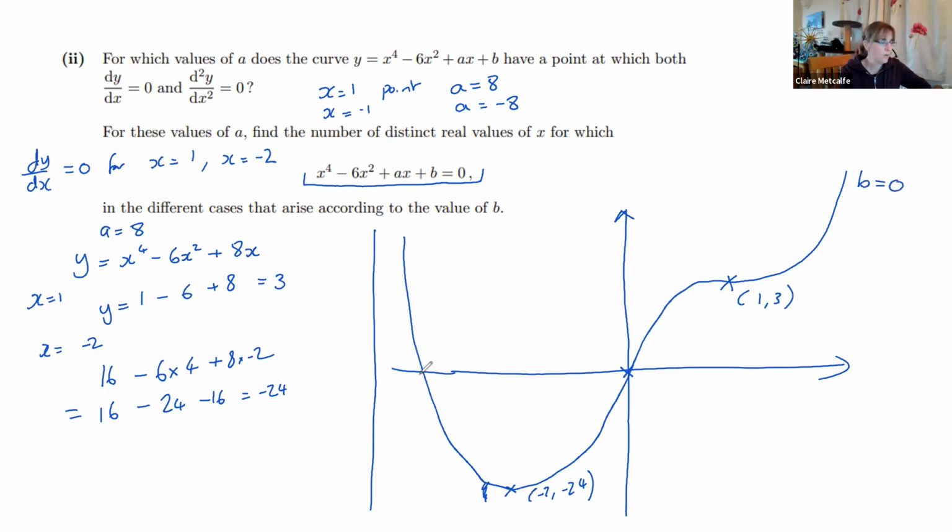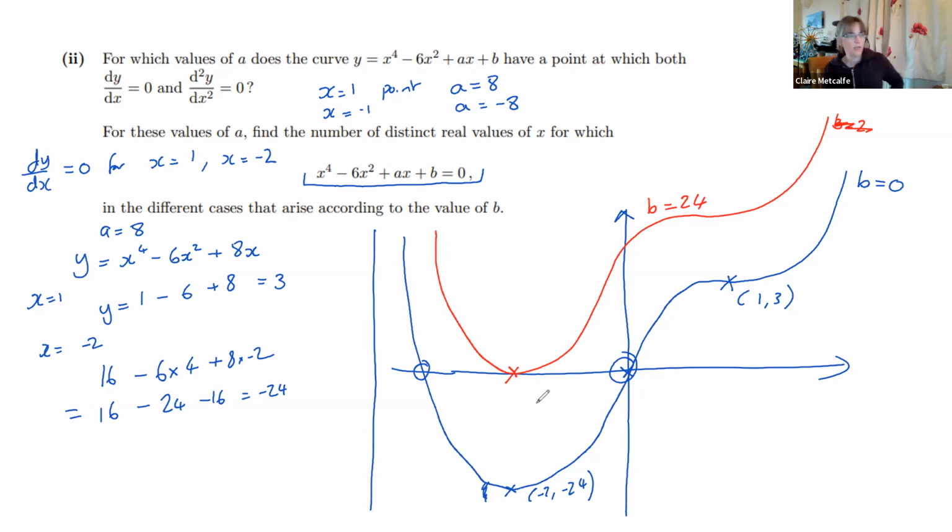So you can see here that when b equals 0, we've got 2 roots. As b gets bigger, we're going to keep ending up with 2 roots until we get to the point where this hits the x-axis, which is going to look like this. And that's going to be when b equals 24. Oops, you might not be able to see that because of the video. So that's gone up by 24.